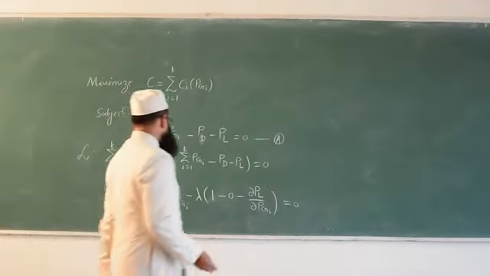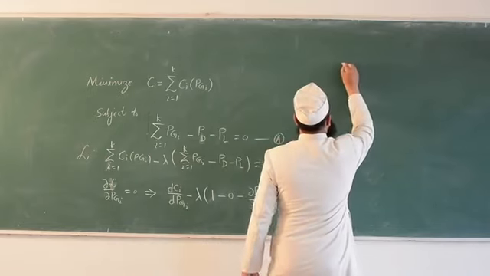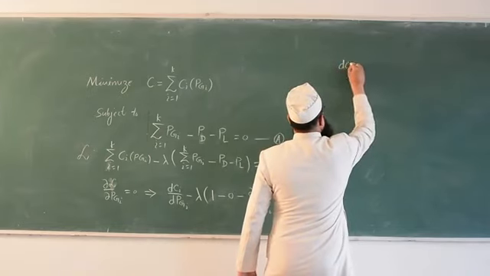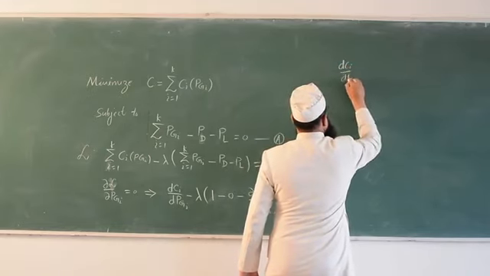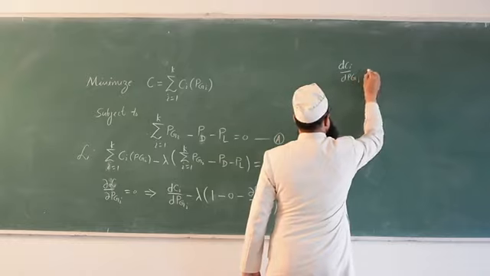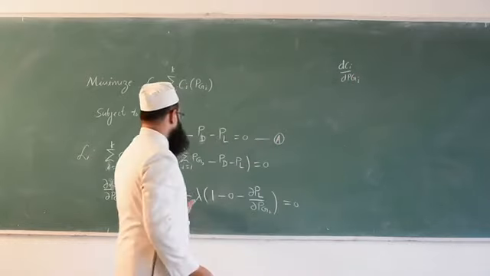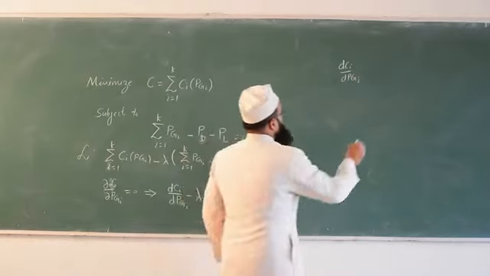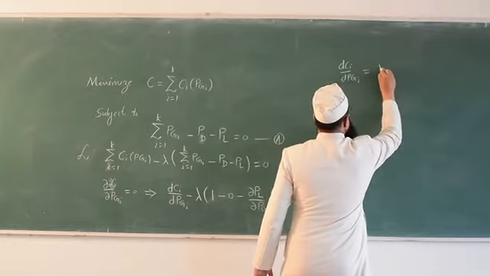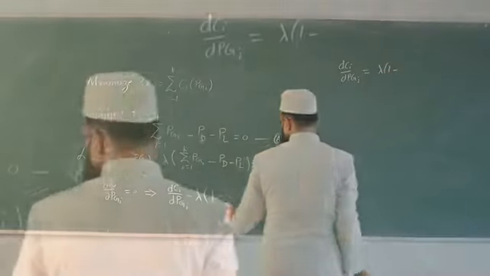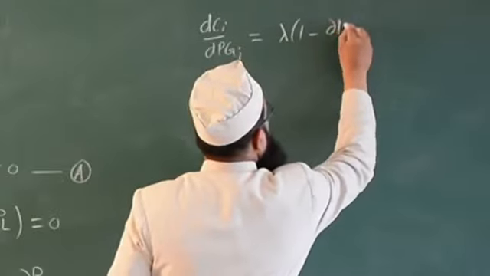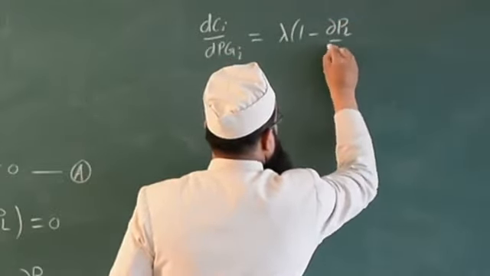So right here del PL upon del PGi is not equal to 0. This may further be written as dCi upon dPGi, sending this to this side, is equal to lambda times 1 minus del PL upon del PGi.